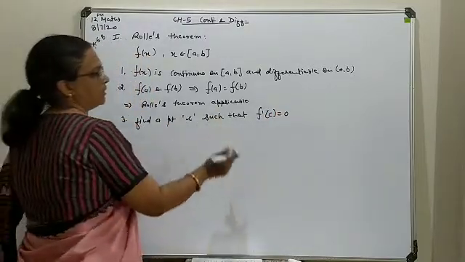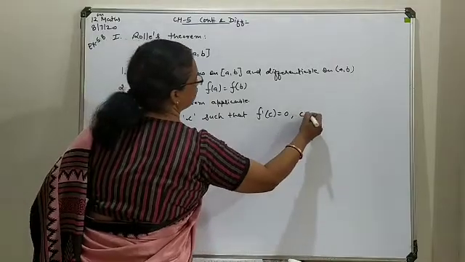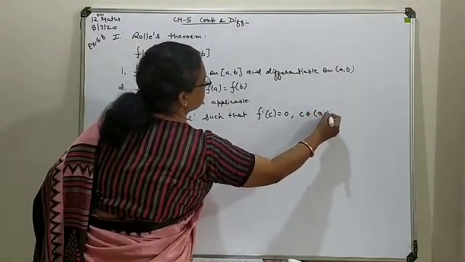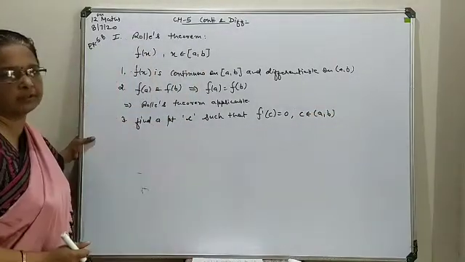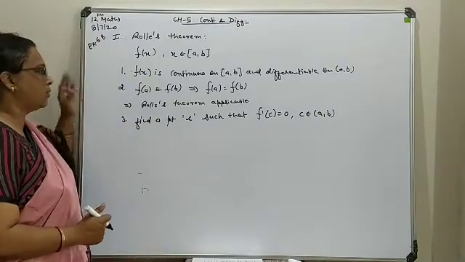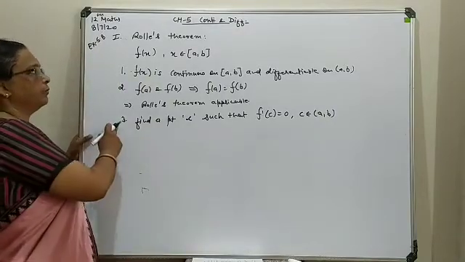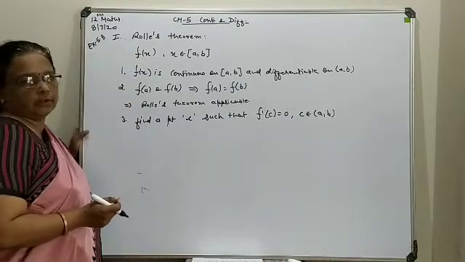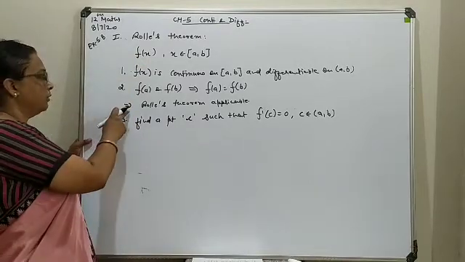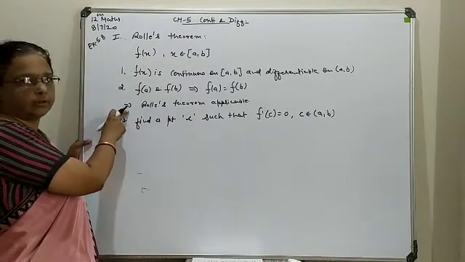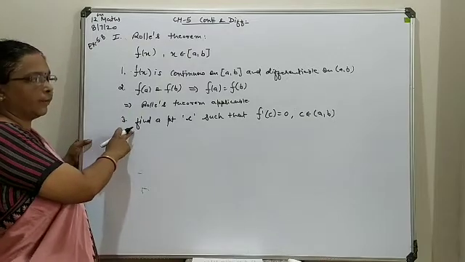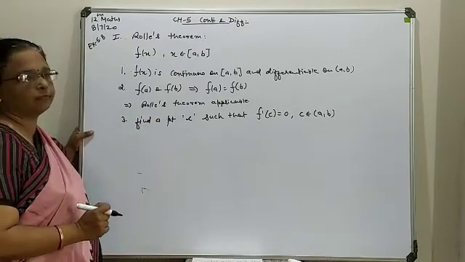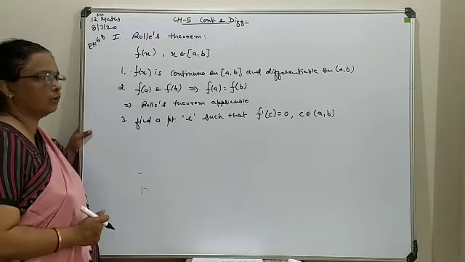And compulsorily, this c should lie within the open interval (a, b). So these are the three steps you have to follow regarding Rolle's theorem. First you verify Rolle's theorem, and then find a point c which satisfies your first derivative being 0.